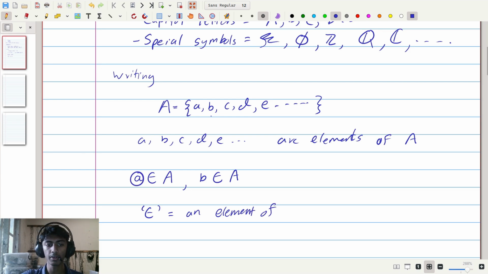So here, whatever we have on the left side is an element of whatever we have on the right side.